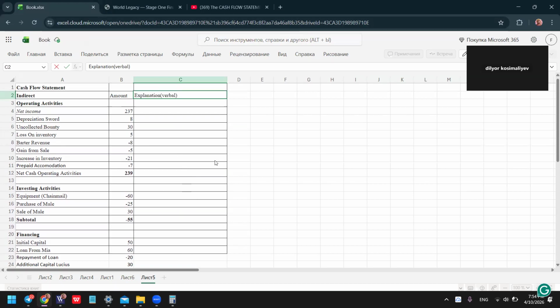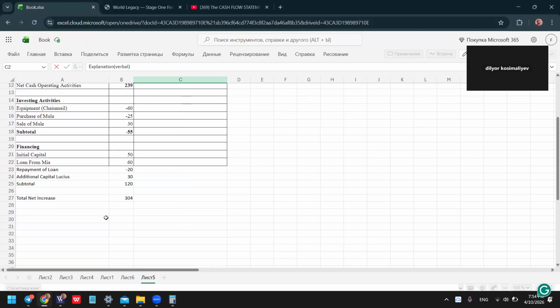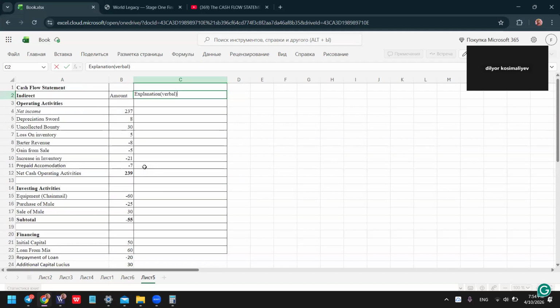So we calculated and she got the net increase of 304. So this is the real cash increase that she has. It's not accrual, it's the real accounting we used with the indirect method. Thank you.